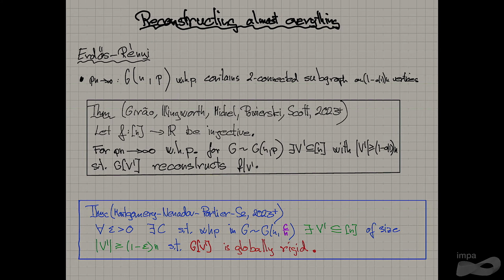Okay, and this we can also improve, namely, we show that for every epsilon there is a c, such that if you sample from G and c over n, there will be a V prime with high probability whose size is almost everything except epsilon, such that the induced subgraph is globally rigid.